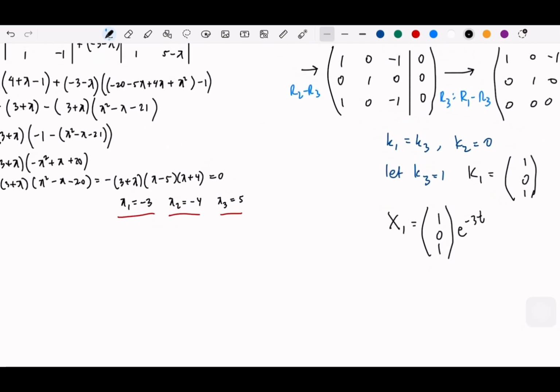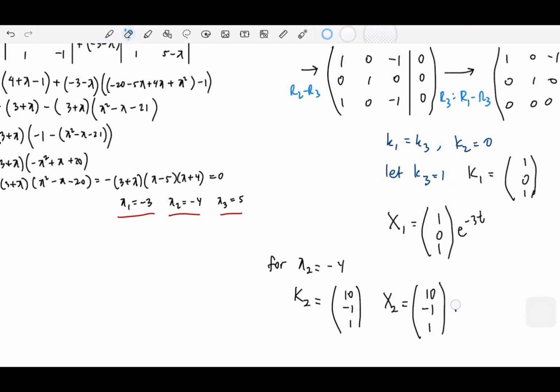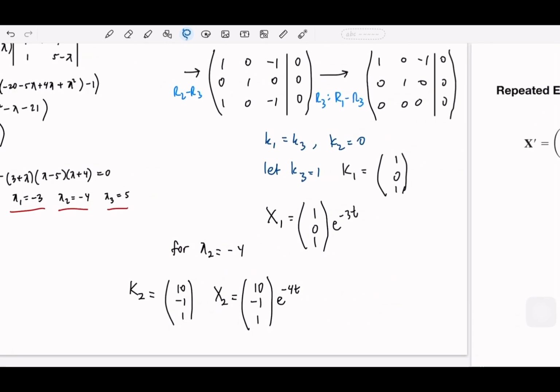When you have the eigenvalue -4, the K2 will be 10, -1, 1, or you get the X2 as 10, -1, 1, e to the power of -4t. Okay, that's the X2.